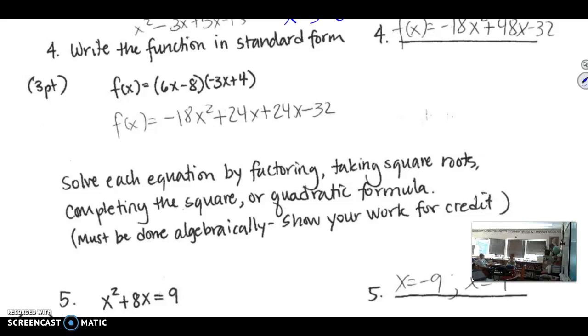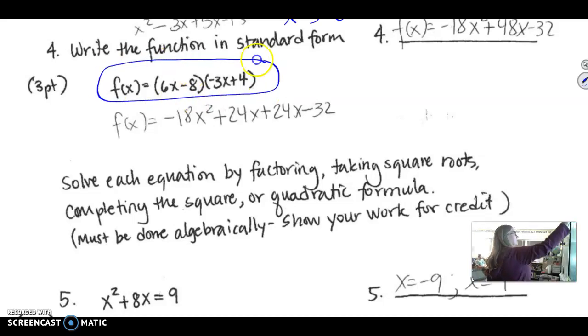So Nathan, we're on number 4 in the review. She gave it to us last period. The notes. So you're going to multiply out 6x times negative 3x. And so you're foiling that.